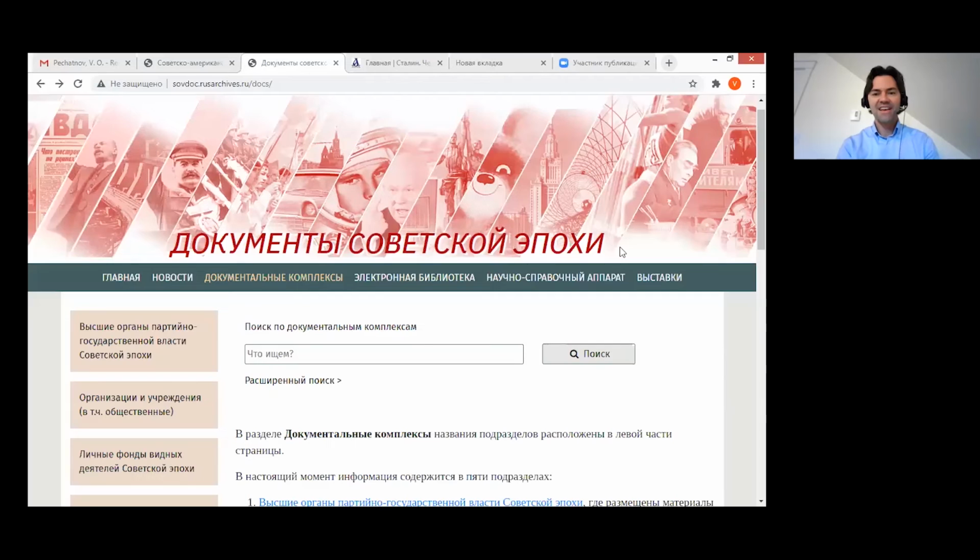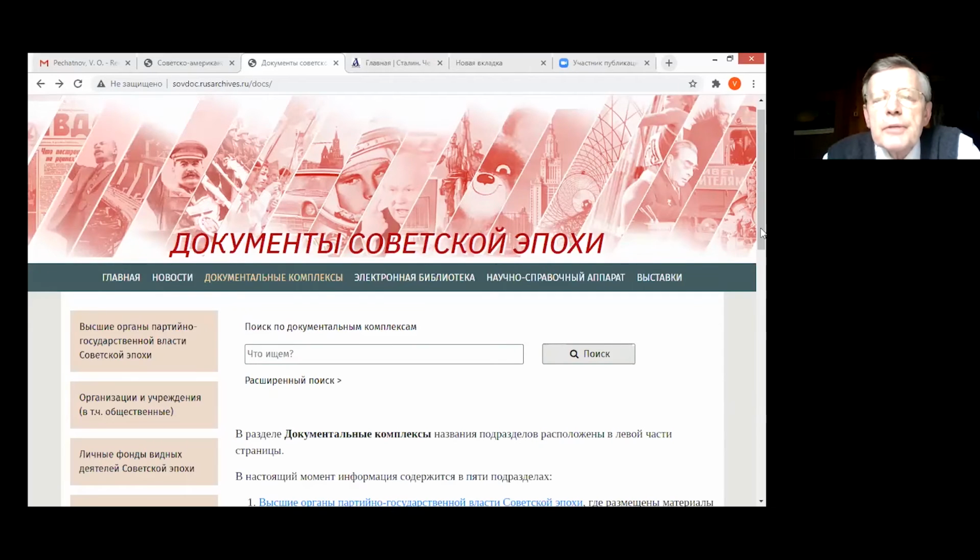Let me now talk about other collections for that period. The main source here, at least for me, was called Documents on the Soviet Epoch, which comes from this particular collection, Stalin's personal fund, Fund 558, from Rogaspi. So you have this portal gateway.